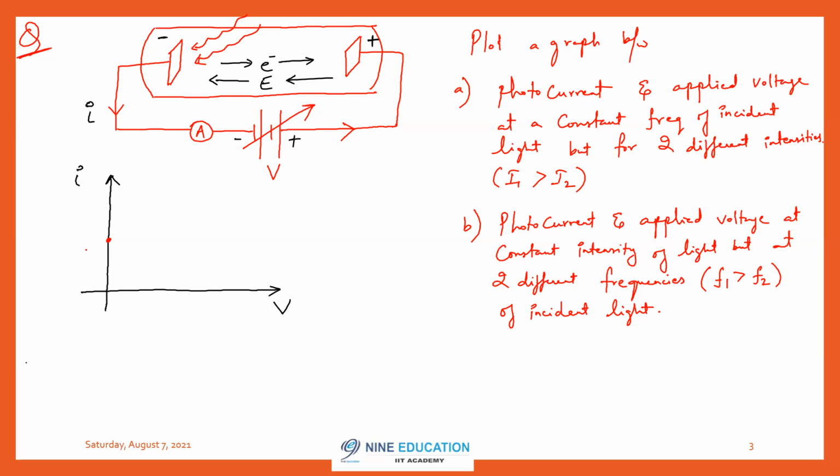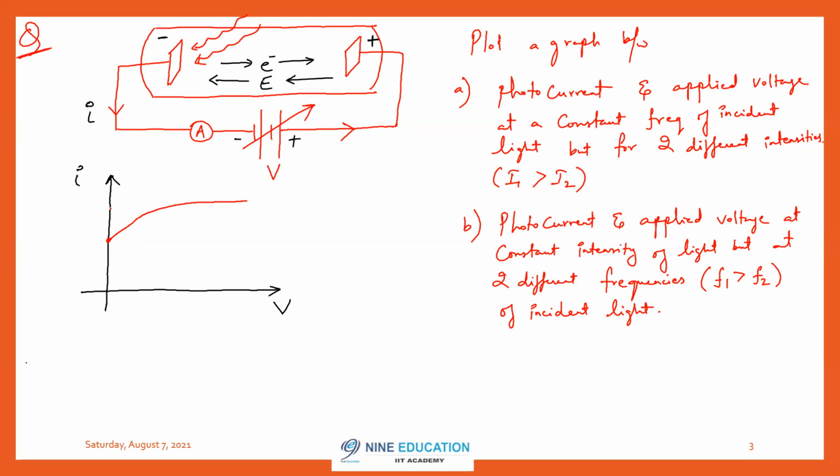Now, as you keep increasing the potential, the current will also slightly increase and it will reach a saturation value. So it is something like this. This is saturation. I'll draw it more properly.